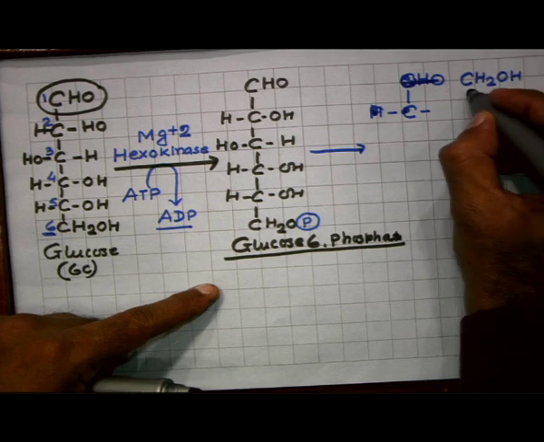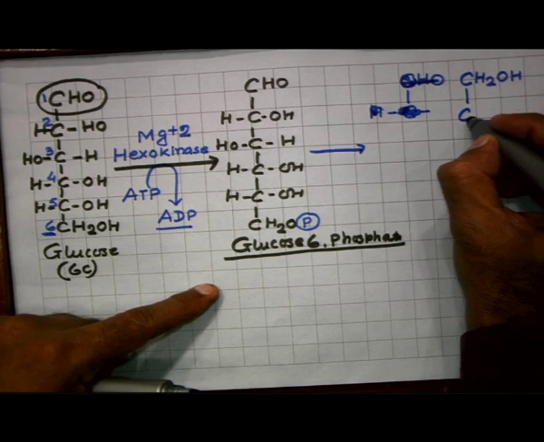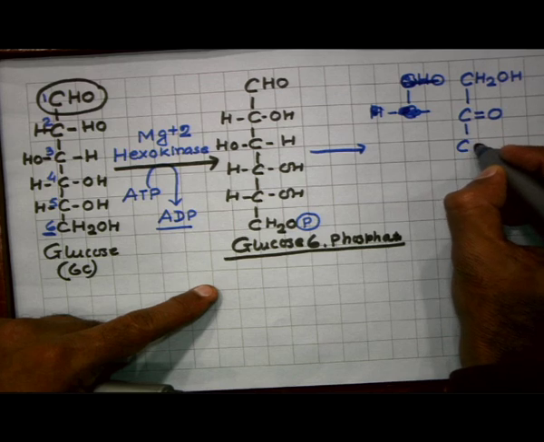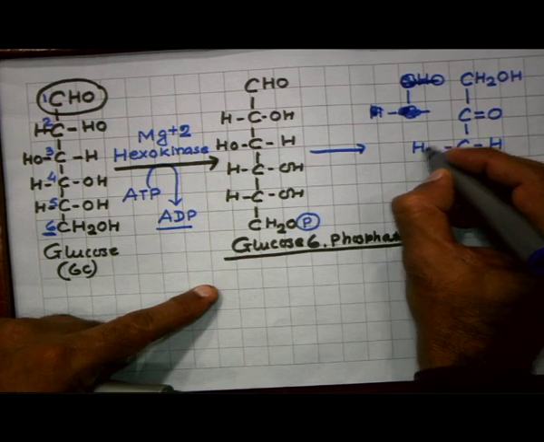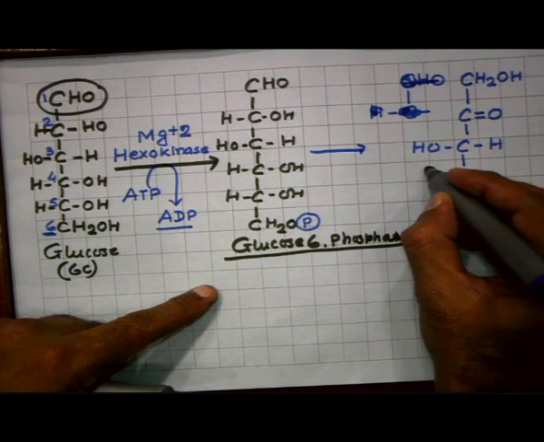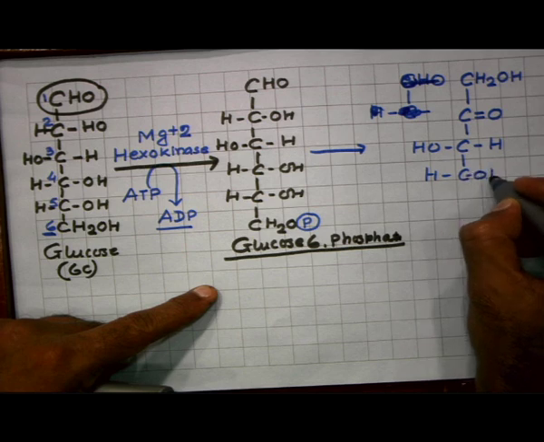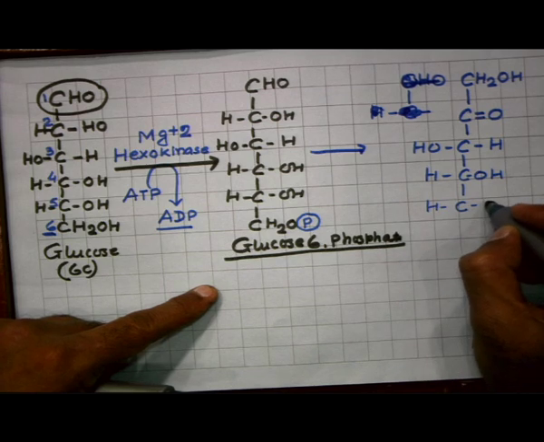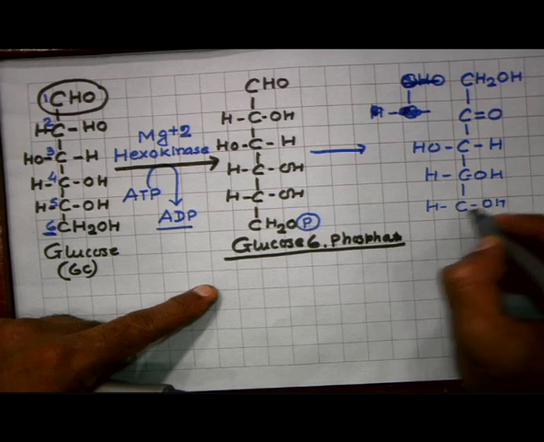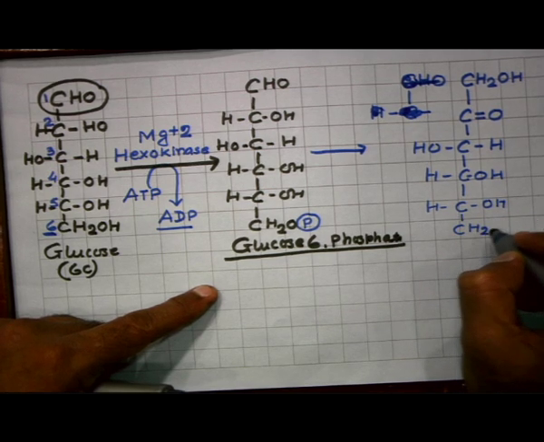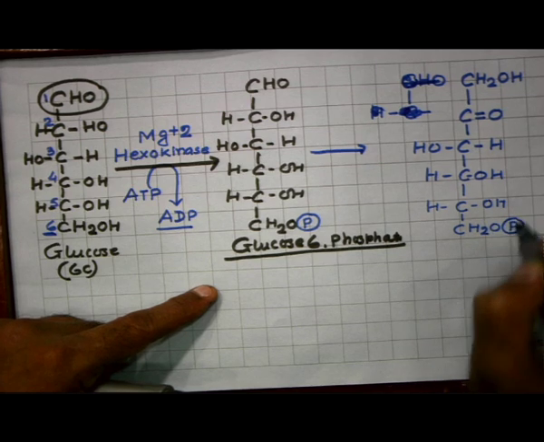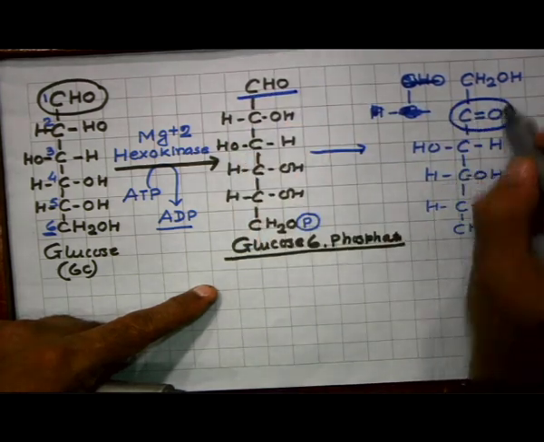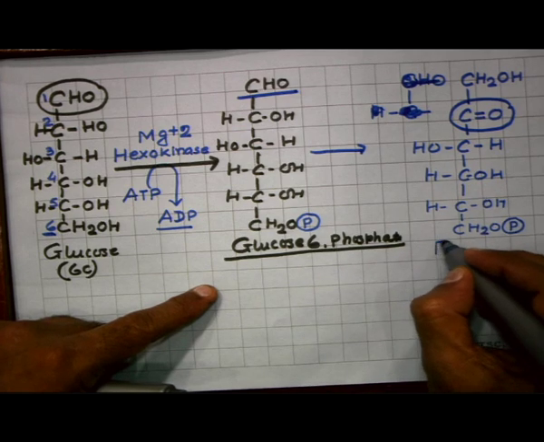So, it will be written as follows: here the ketonic group CO, fifth the same, HOH, and the sixth one will be the same. This is the conversion of aldehyde into the ketonic form. So, the structure changes from glucose to fructose 6 phosphate.